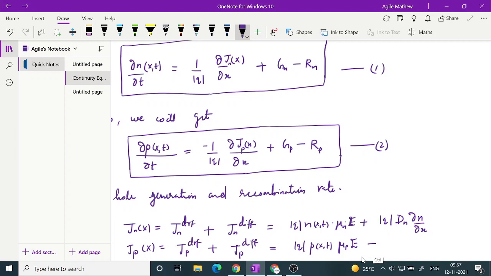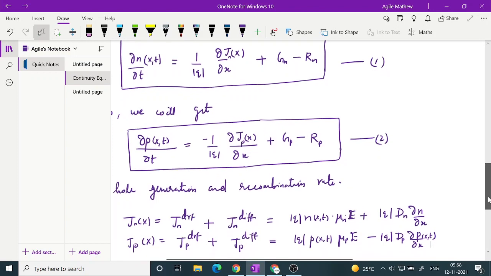So here it will be minus q Dp dou p by dou x. Again, it is a function of x and t. So we can substitute these into 1 and 2, and then we'll get a different expression.